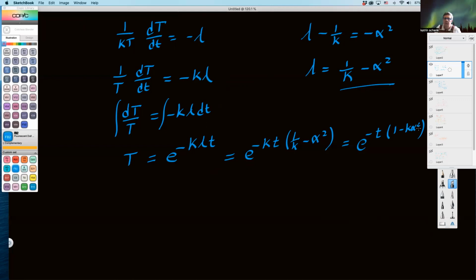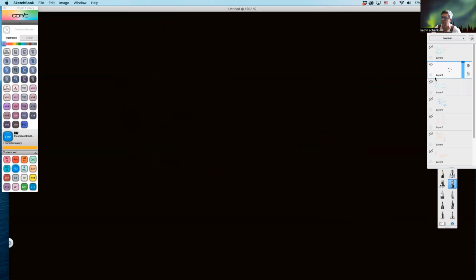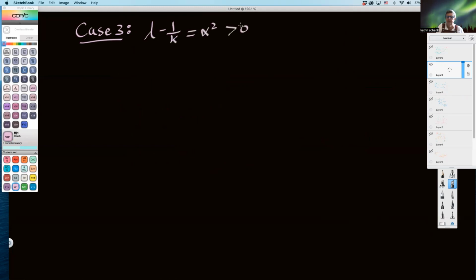All right, the last case runs really similarly, so let's do the last case, case 3. Case 3 is lambda minus 1 over k equals alpha squared, and this is greater than 0.